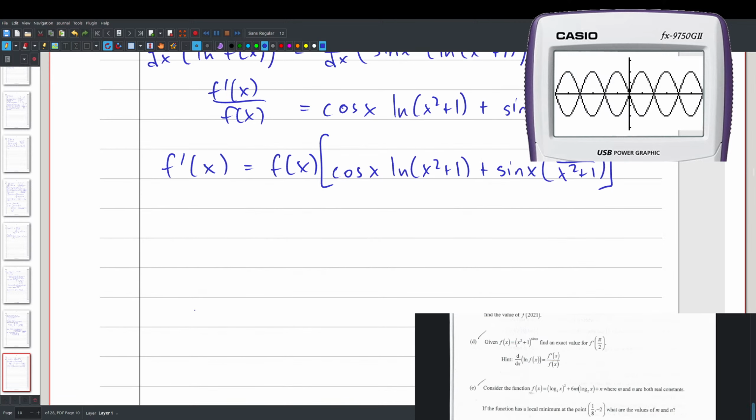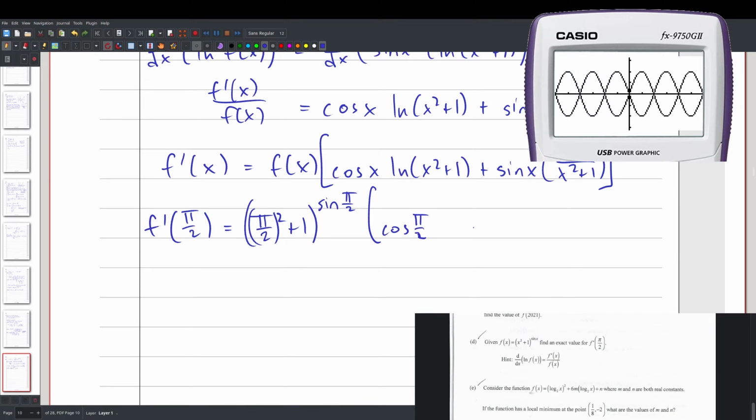And they want us to evaluate it at pi on 2. Alright. F prime of pi on 2 is equal to f of pi on 2 times cos, I probably should expand it out. Okay. What is it? (Pi on 2 squared plus 1) to the power of sine pi on 2, times cos pi on 2.